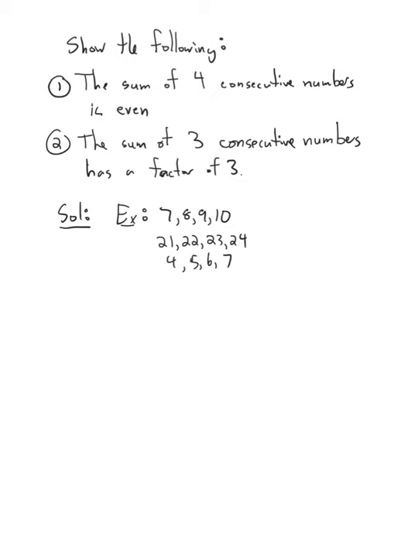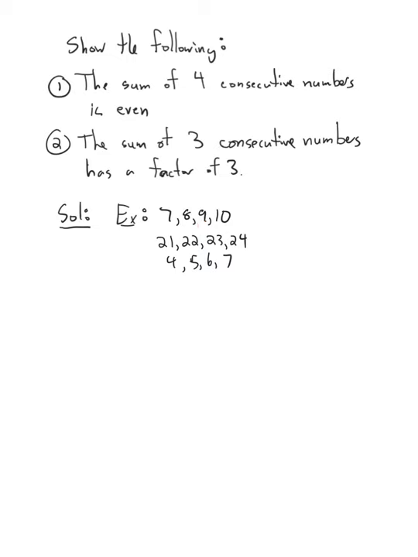So we know what consecutive numbers are. So how are we going to write them? Well, whenever you're thinking of it, it's a good idea to say, well, how did I write down the numbers, for example, 7, 8, 9, 10? Well, all I did was I started with a number, let's call it n, and then to get to the next number, I added 1.